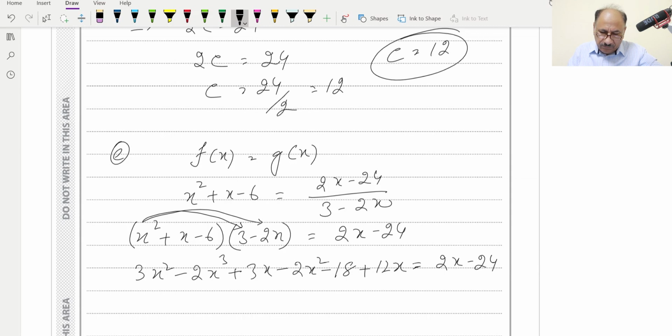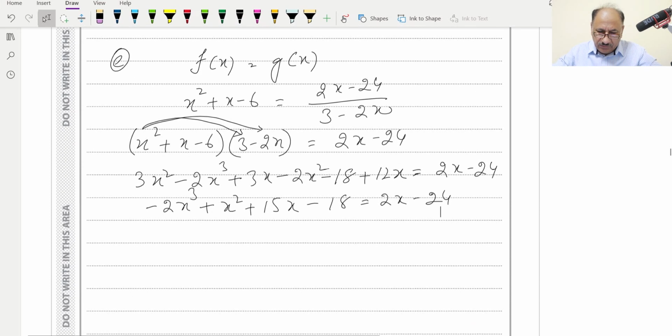Now we can simplify and arrange these terms, so we can write minus 2x cubed, and the square terms we can simplify, so it will be only plus x squared, and the x terms we can combine, so it will be plus 15x, and minus 18 is equal to 2x minus 24.